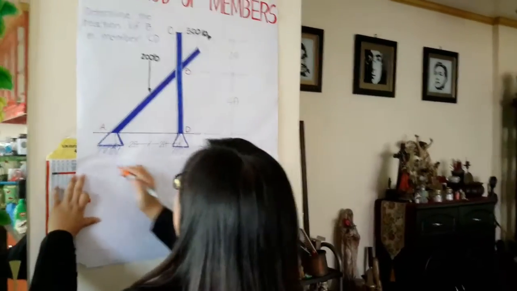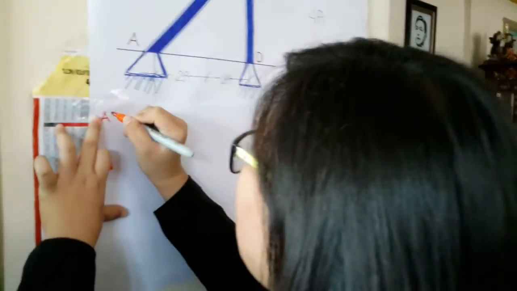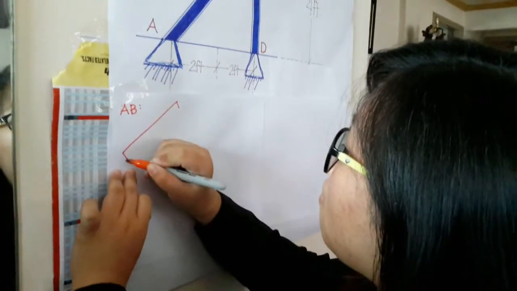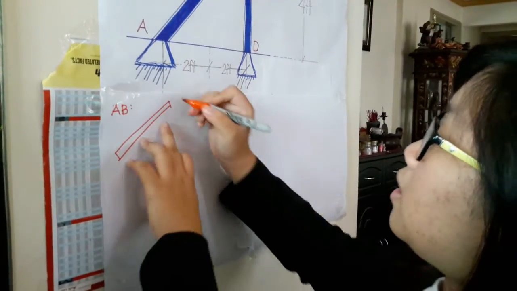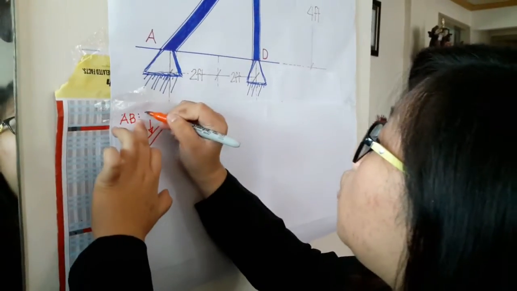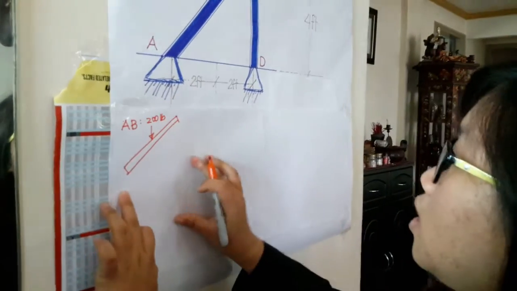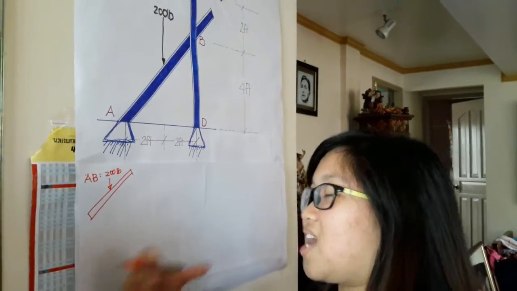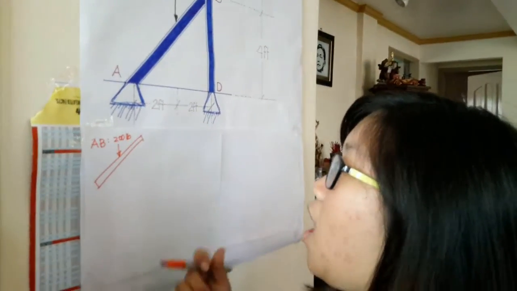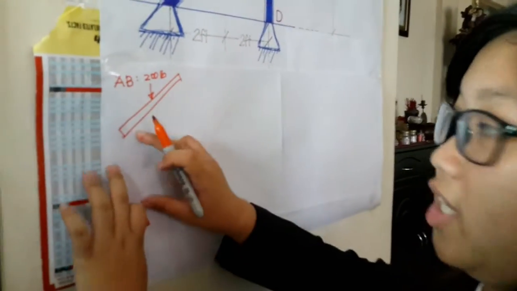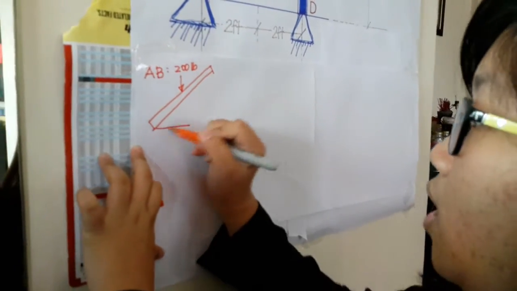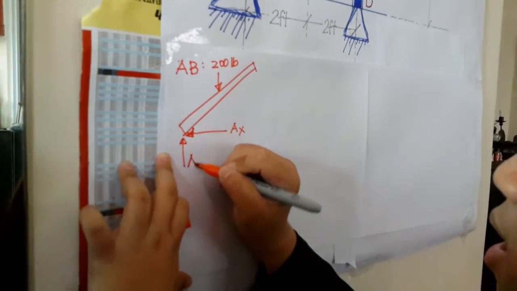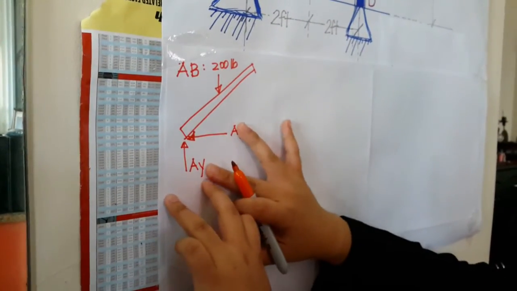So let's start with member AB. There's a 200-pound force, and in the figure there's a hinge. As discussed earlier, a hinge has horizontal and vertical forces acting upon it. So Ax, the horizontal force, and Ay, the vertical force.